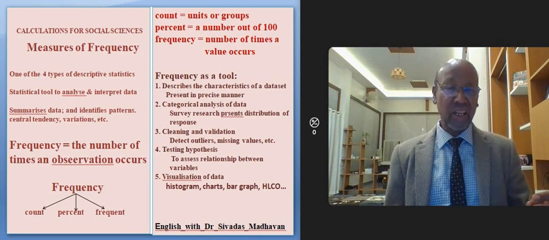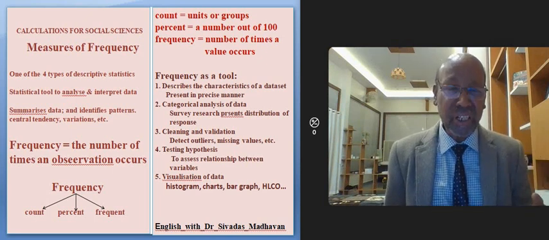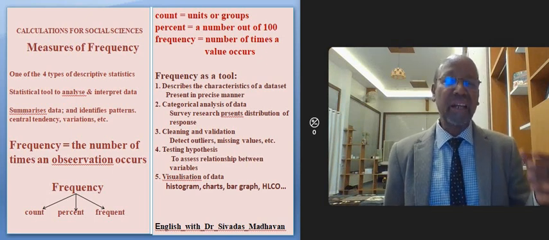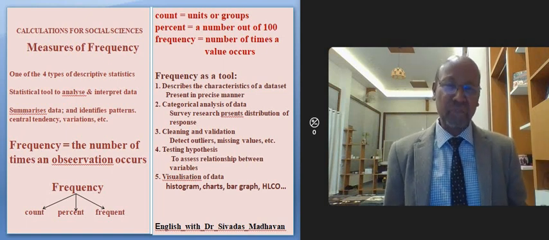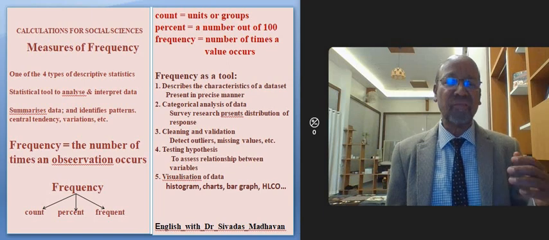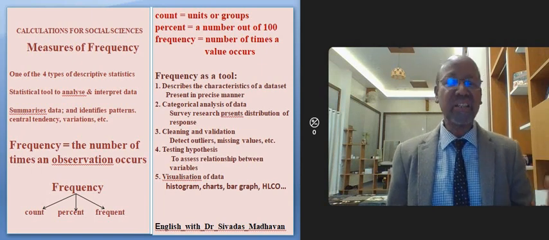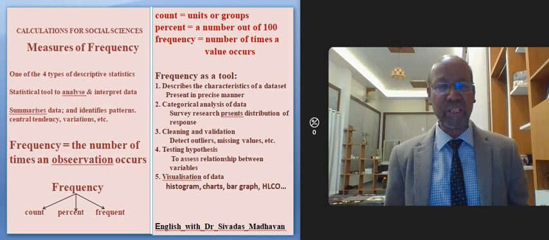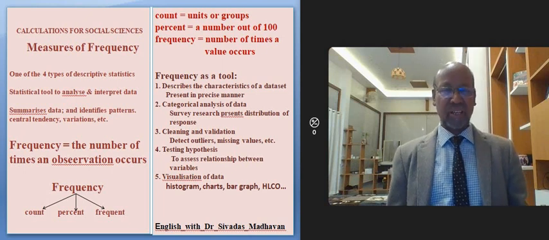That means in the study we have the frequency of 20 high school students and the frequency of 10 undergraduate students and the frequency of 5 postgraduate students. Or in other words, we can say 20 is the frequency of high school students, 10 is the frequency of undergraduate students, and 5 is the frequency of postgraduate students.